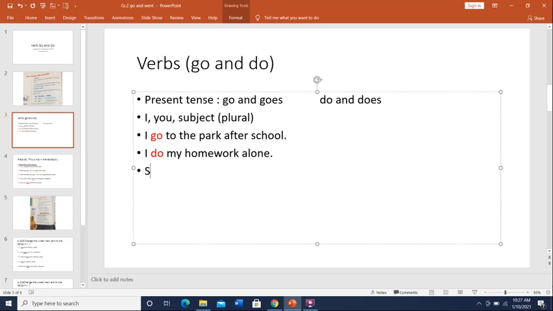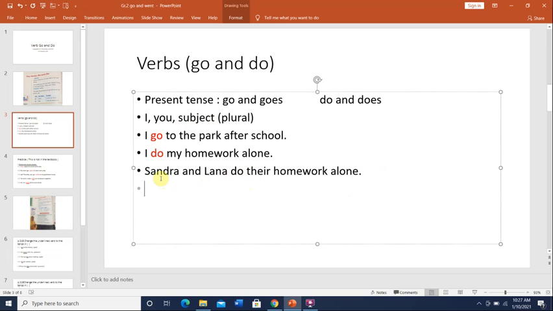If I say Sandra and Lana, this is plural, two girls. Sandra and Lana do their homework alone. I use do again because the subject is about two people. It can be two or more. Or I can say the students do their homework alone.